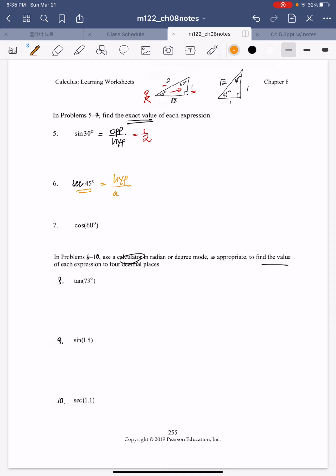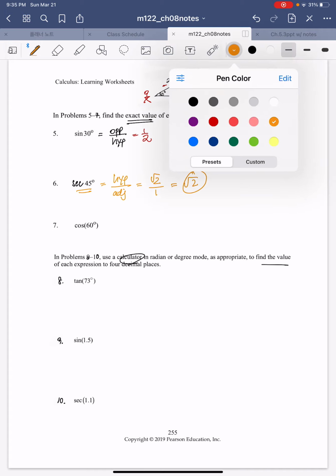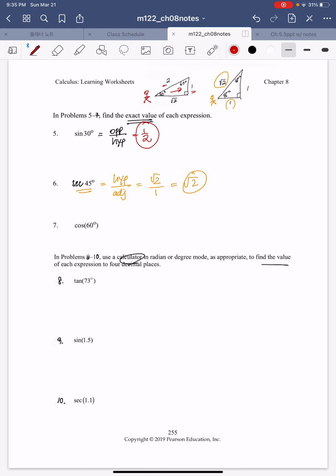Now I'm standing at 45 degrees because I want to know secant of 45. Hypotenuse is root 2 and adjacent is 1. So it will be just root 2. The earlier one was a half.